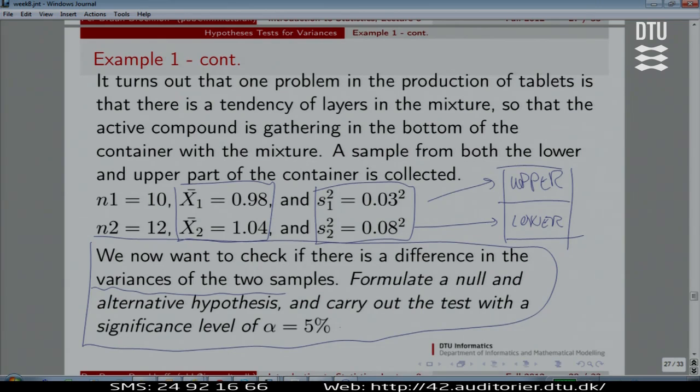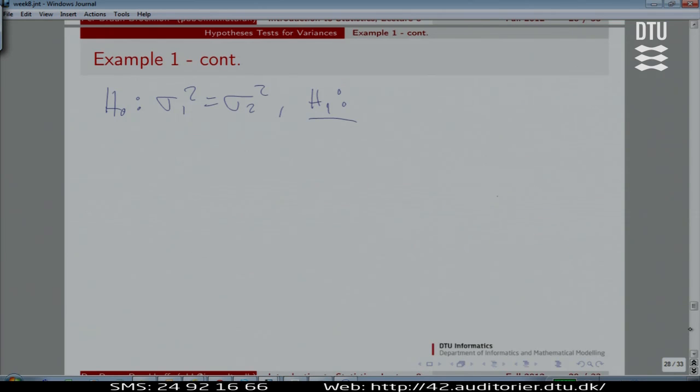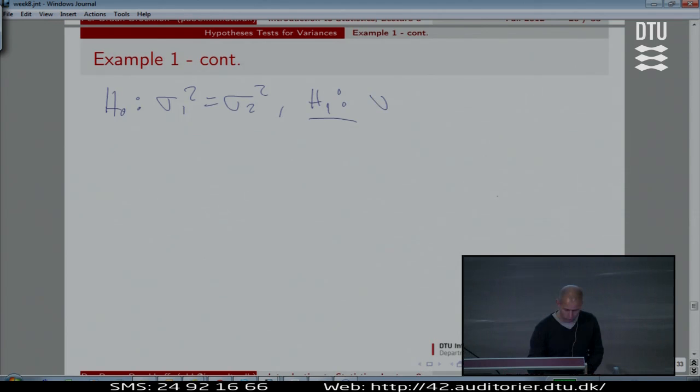But if you look at the story as you were told it, as the information you were given, nothing in the words suggests this tendency of layers. That's only for the mean values actually. So okay, it can be argued. I'm not sure about the one-sided thing at least. So if I'm not sure about the one-sided thing, I go for the two-sided.